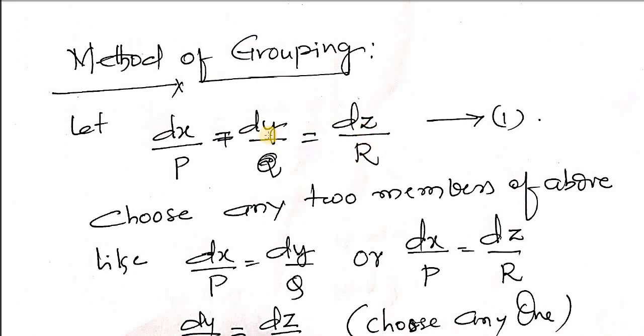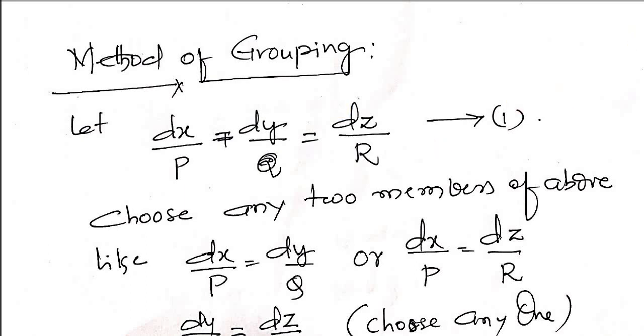Here we have to choose any two equations. dx by p equals dy by q. Either you can choose these two, or first and last, or second and last, or first and second, or second and third. There are many options.